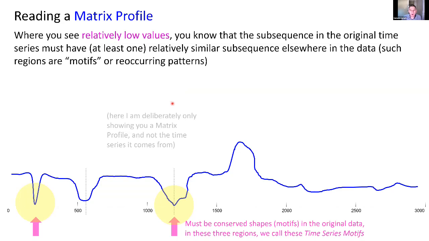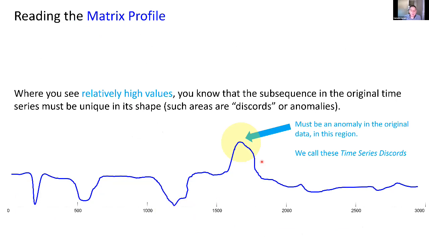It doesn't tell you where it was before in time or after in time, although we can get the information elsewhere. But it simply says that when it was here, its behavior was repeated at some point in the past. Likewise, if you see a high value in the matrix profile, it tells you that the behavior at that location is either novel, unique, noisy, anomalous, strange, different. It's not typical behavior.